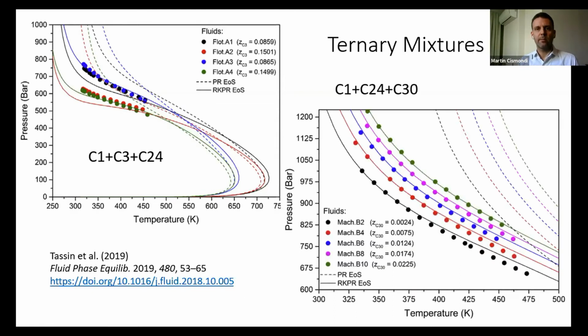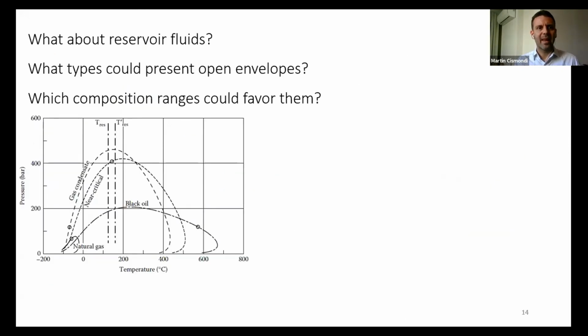Another ternary system, in this case, methane with C24 and C30, the same for different compositions between these compounds. And we always need high levels of methane of around 80%, maybe 80 to 90, to get these open envelopes.